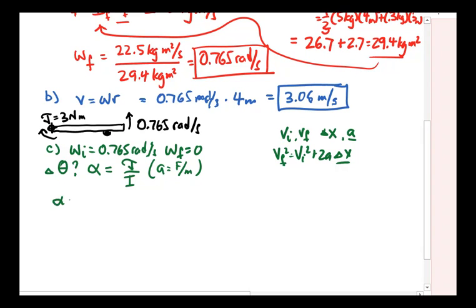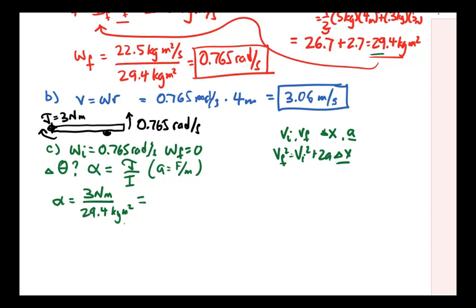Okay, so my alpha is going to be equal to my 3 newton meters, that's my torque, and my moment of inertia, which fortunately I still have up here, 29.4 kilogram meters squared. To save yourself a little time on the AP test, units are only needed at the beginning and the end.